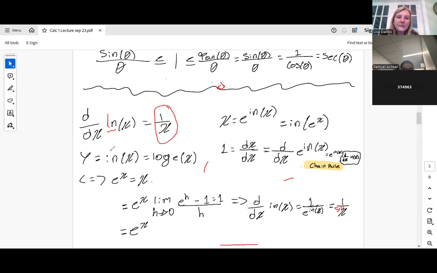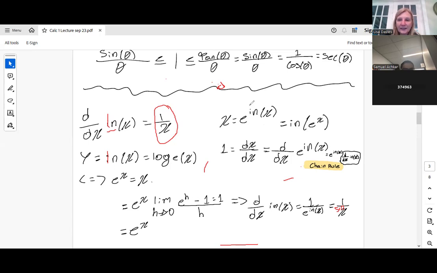Okay, so if you had ln of 3x, the derivative would be 3 over x, because the 3x has a derivative of 3, and the ln has a derivative of 1 over x.